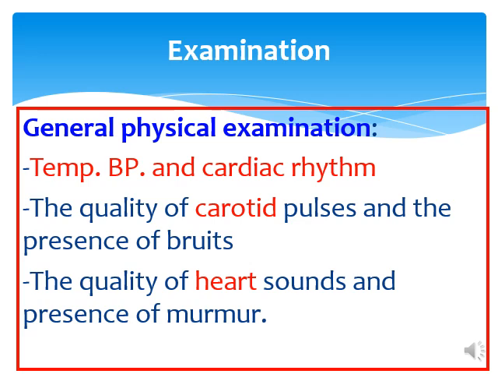Let's go to the examination. The examination is divided into two main parts: general physical examination and neurological examination. General physical examination is very important and sometimes missed by our colleagues. We have to check the temperature, the blood pressure, and the cardiac rhythm.